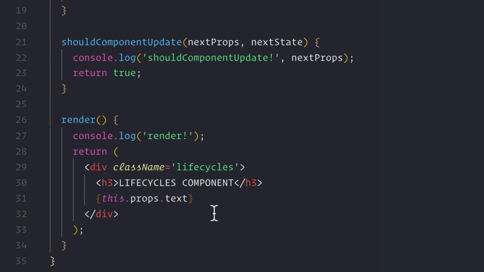I'm also going to evaluate the value of this.props.text and then turn it into something that I can display in the HTML. And that's how we're able to see that string value that would get passed in as a prop, or anything for that matter. This evaluation is happening inside of our render call.